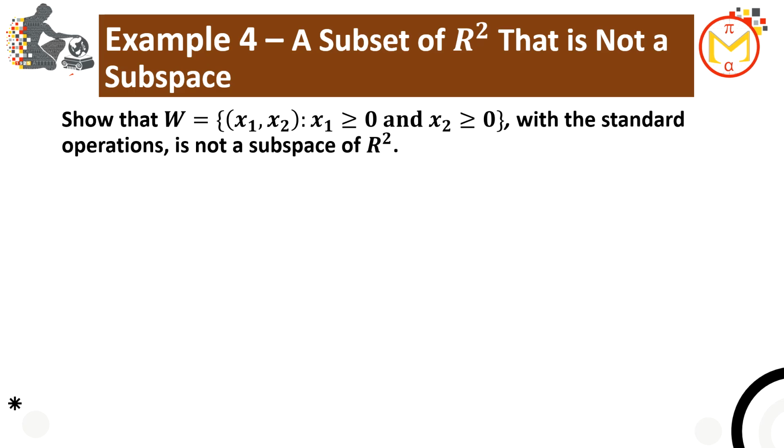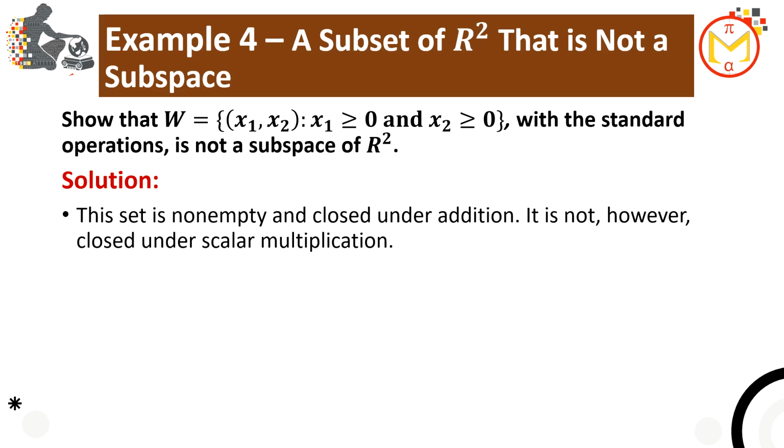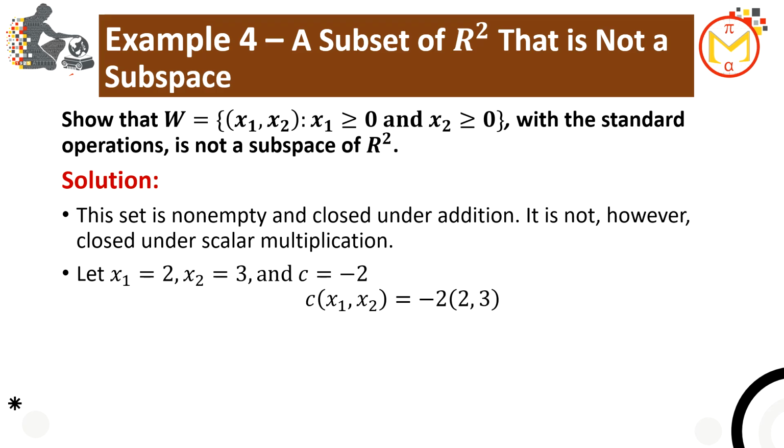Why is this one not a subspace? Let's start with the addition. Let's say you have x sub 1 equal to 2 and x sub 2 equal to 3. Let's consider c equal to negative 2.